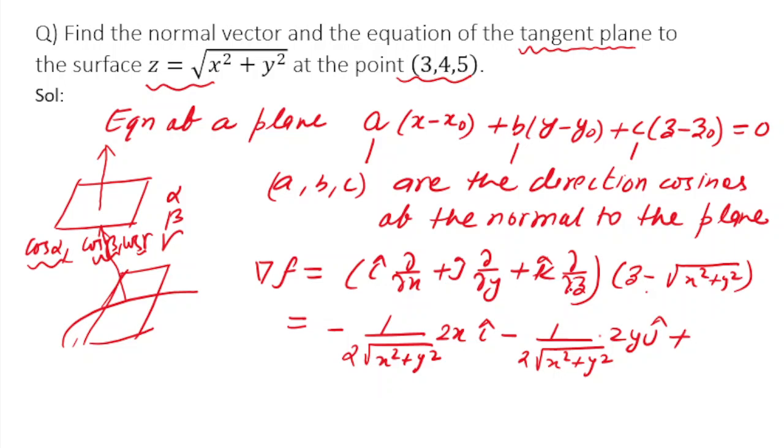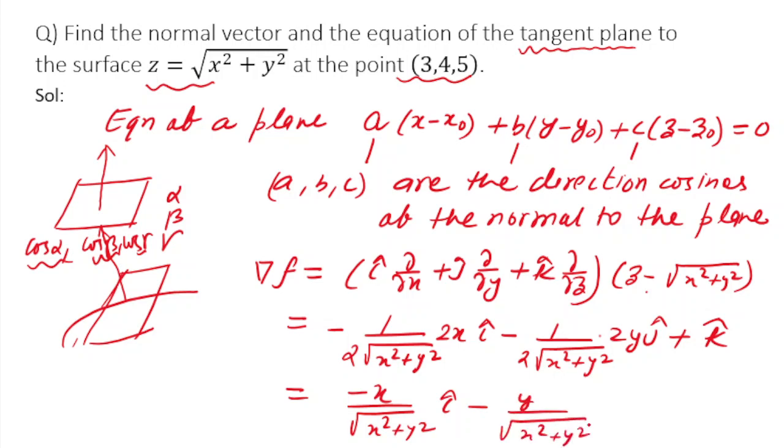Then del by del z will give me k cap, just because it becomes 1. So this 2 and 2 will cancel. I will get minus x by under root x square plus y square i cap, minus y by under root x square plus y square j cap, and plus k cap.